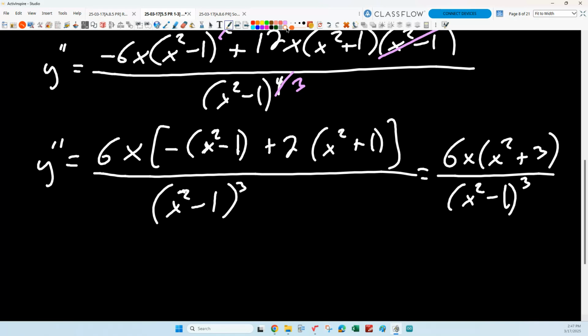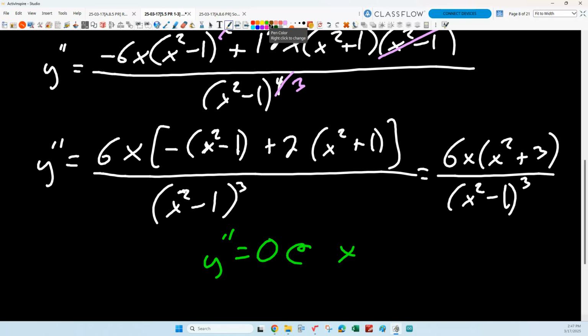So are there any second derivative critical numbers? 0, right? Because x squared plus 3 is never 0. But 6x is 0 when x is 0, right? Okay, so y double prime, there is one second derivative critical number.